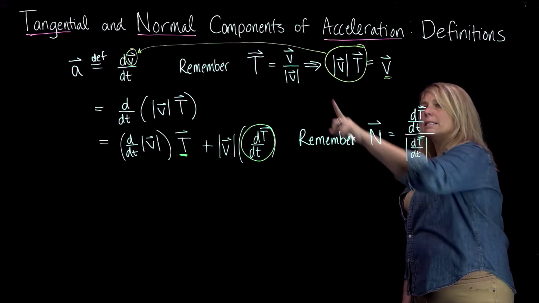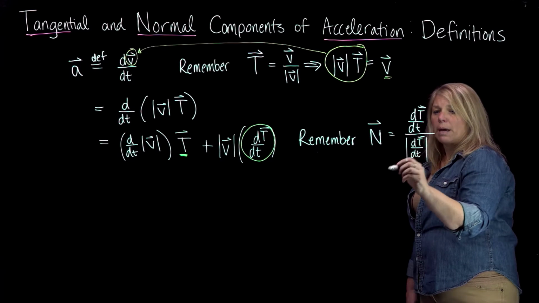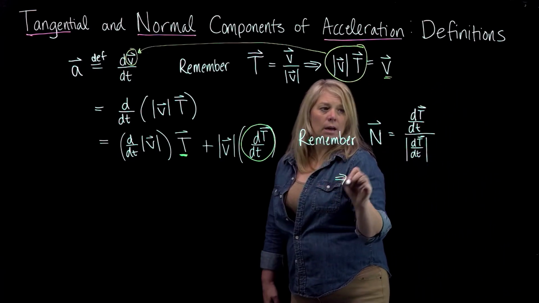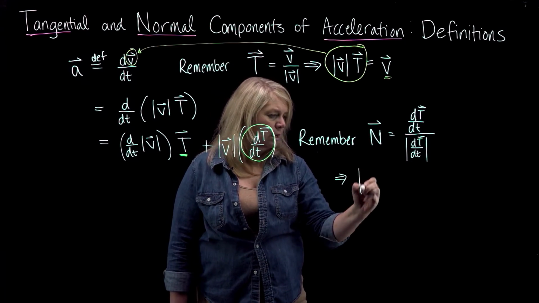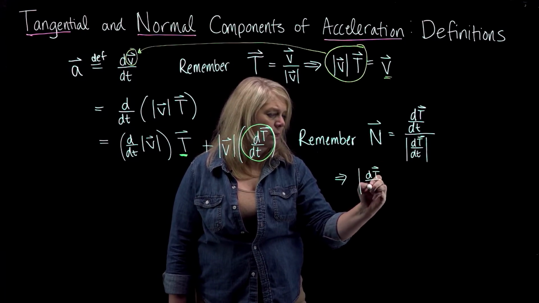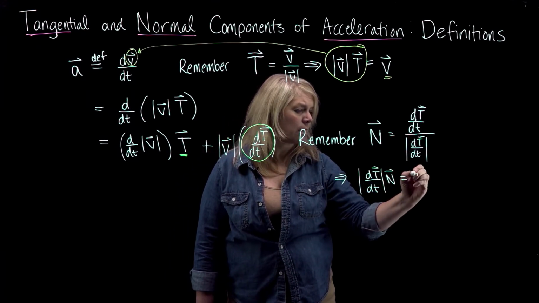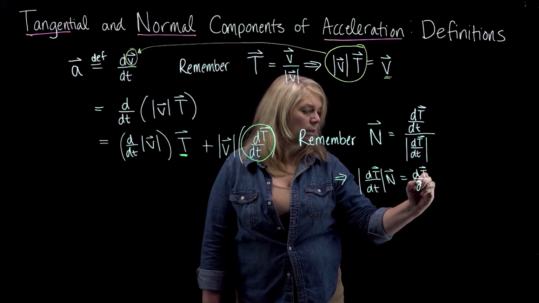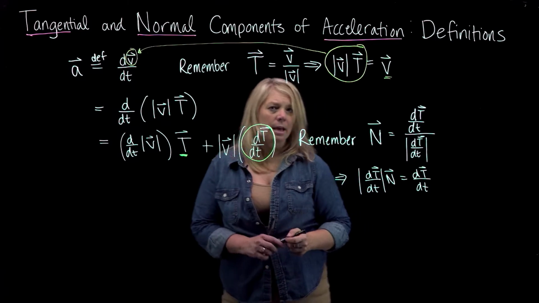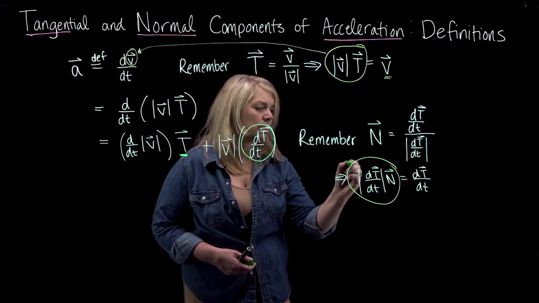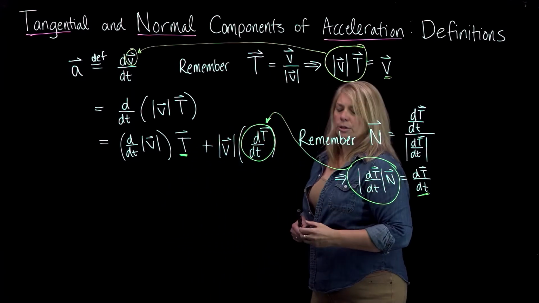Just like I did over here, I'm going to take that quotient and rearrange it a little bit. I'm going to multiply both sides by the magnitude of dT/dt. So the magnitude of dT/dt times the unit normal vector is dT/dt. Then I want to take this expression and substitute it in here in place of what that is equal to.